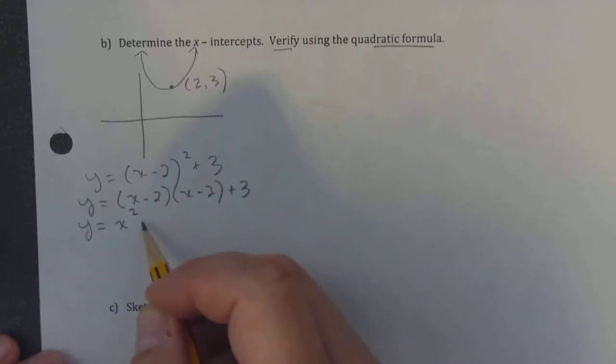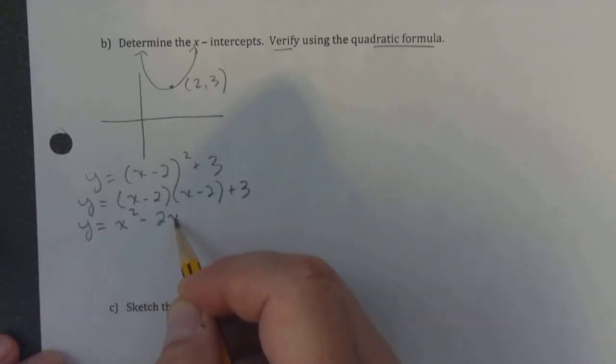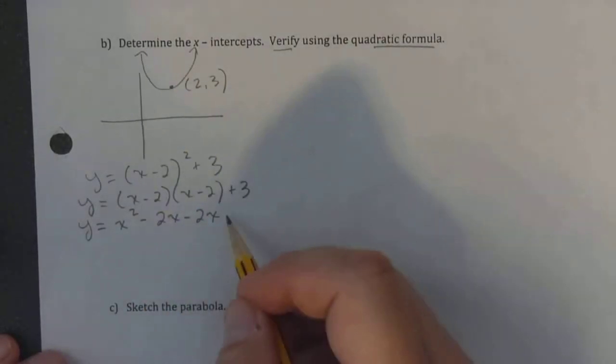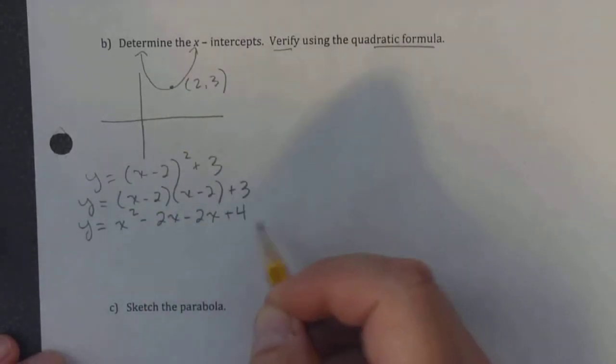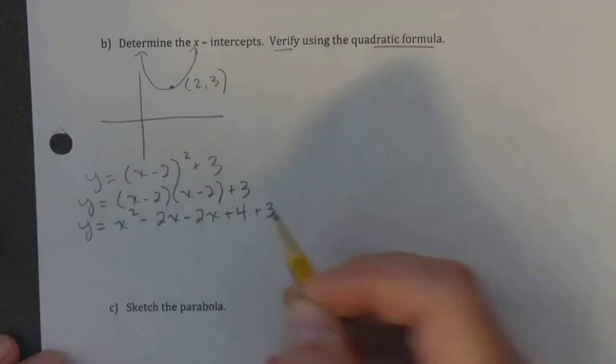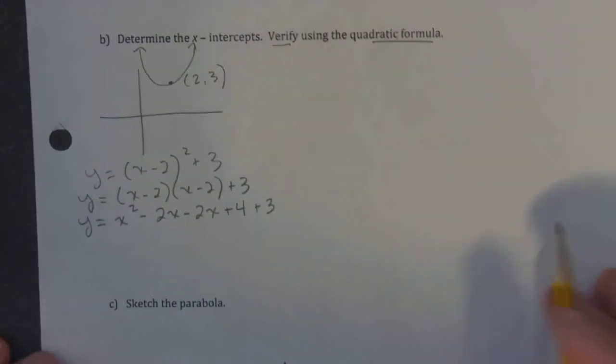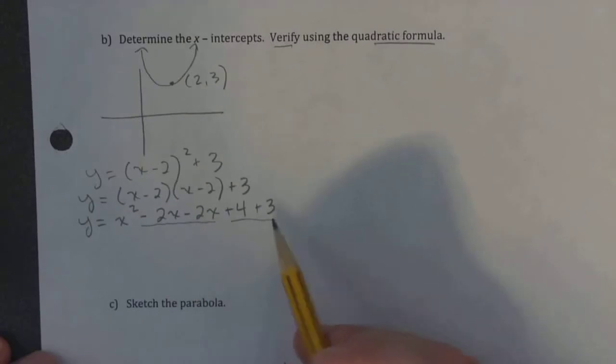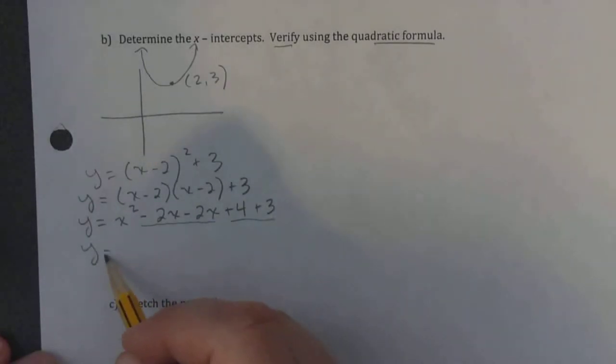First, outsides and insides. Last, plus 4. Don't forget to drop the plus 3. Okay, we're going to clean this up.